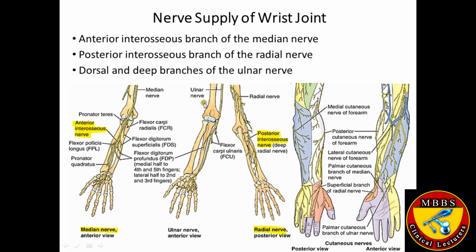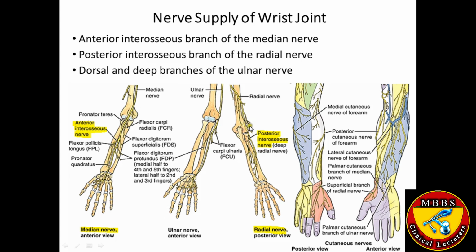Nerve supply of the wrist joint: the anterior interosseous branch of the median nerve, the anterior interosseous nerve, goes downward, supplying the muscle, and it crosses the wrist joint and reaches its end, therefore it supplies the wrist joint. The posterior interosseous branch of the radial nerve: from the posterior side, you can see this is the radial nerve.